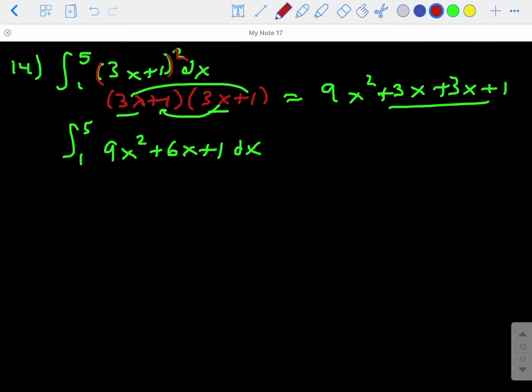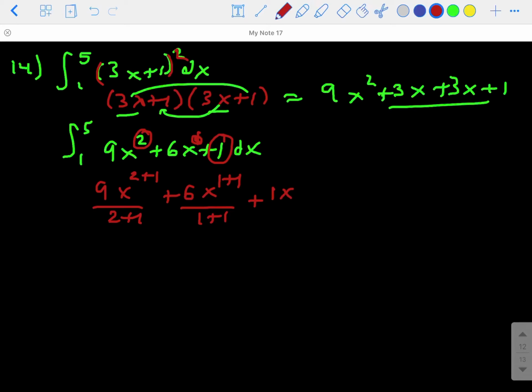And now we can apply the rules of integration. 9x, we're going to increase this by 1 more degree, so this becomes 2 plus 1 over 2 plus 1. This one already has a 1 to it, so I need to increase that by 1. 1 plus 1, 1 plus 1. Since there's no x to it, and it's just a constant, we need to reintroduce the x as part of the integration rules.